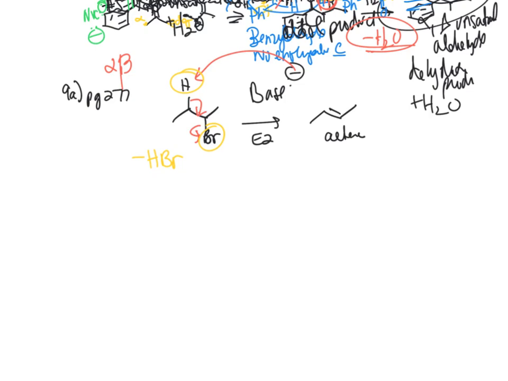Okay, so let's do this one. So we have base and heat, and this is our product. Recall that the two groups are eliminated, then draw the mechanism.